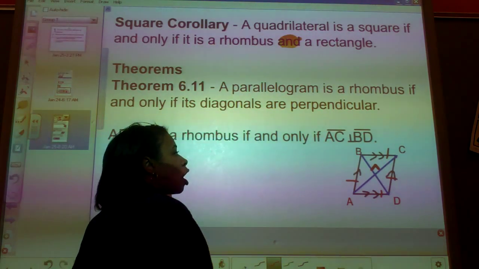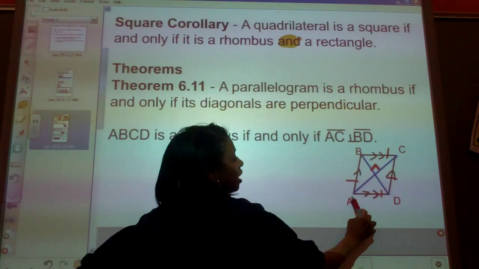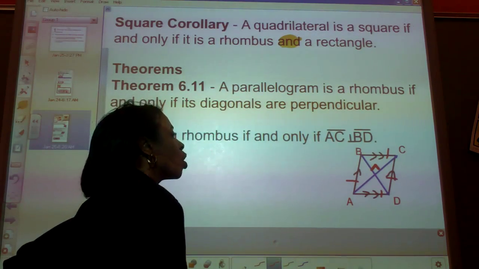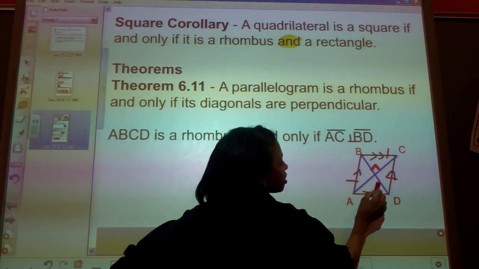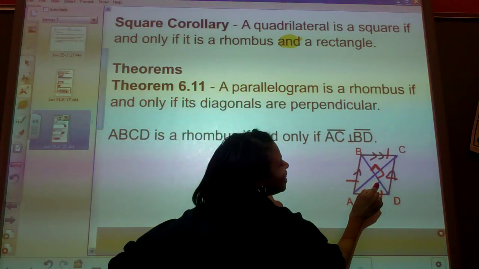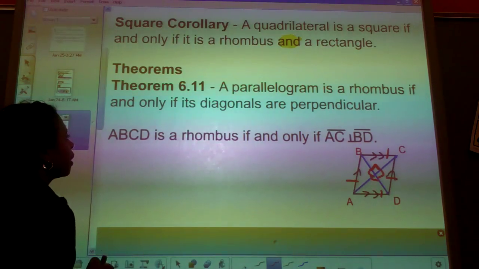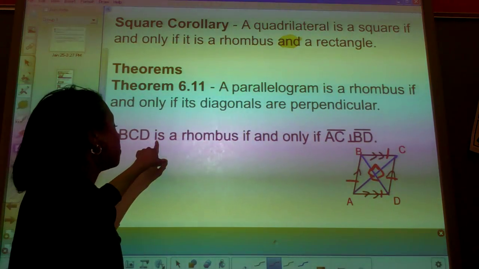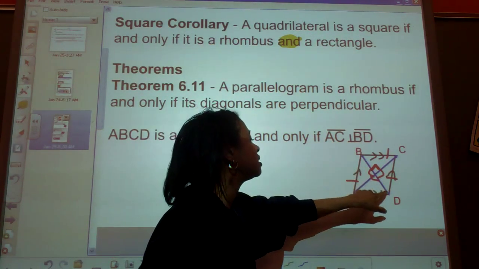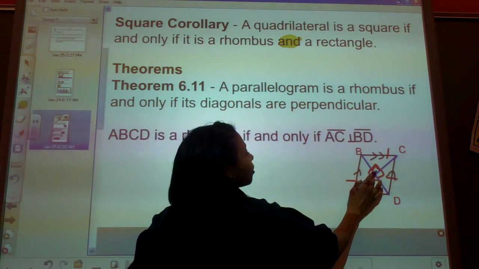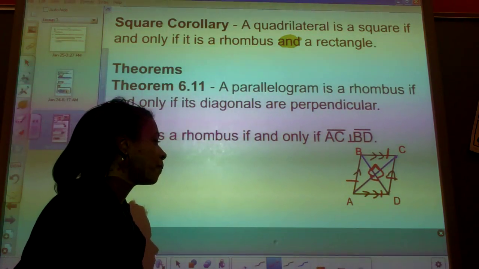But you need to know, if I decide to draw the diagonals, BD and CA, where they intersect, these angles will all be 90 degrees. They will form right angles. So that means ABCD is a rhombus if and only if AC, the diagonal, and BD intersect and form 90-degree angles. You need to make sure you know that theorem, 6.11.